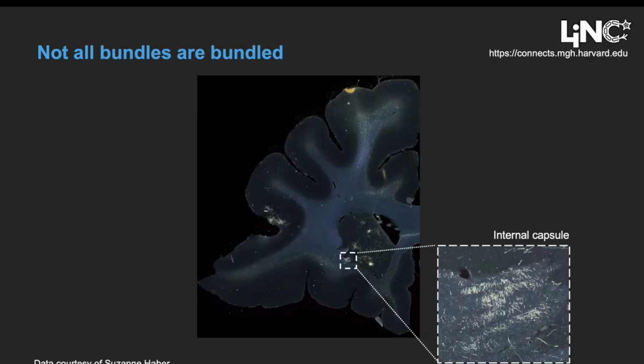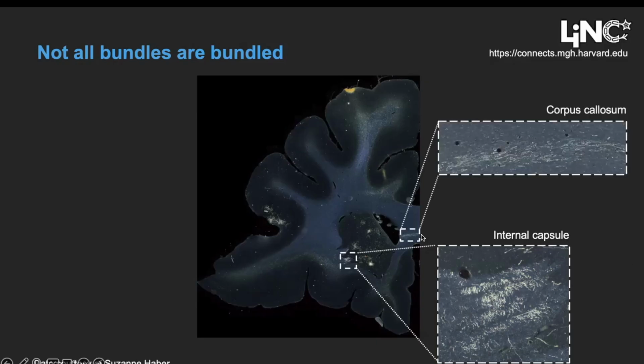But we find that that model is only sometimes what we see under the microscope. So this is an example of fibers that all originated in the same injection site as they're traveling through the internal capsule. And we see that they stay very, very close to each other, very bundled as they travel, far from their point of origin.